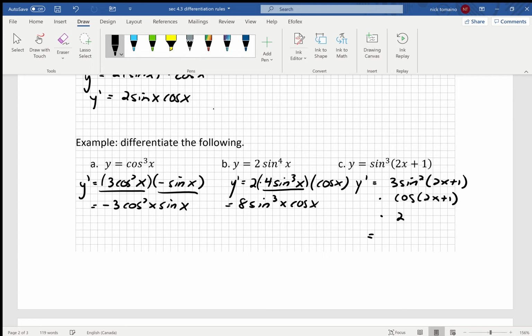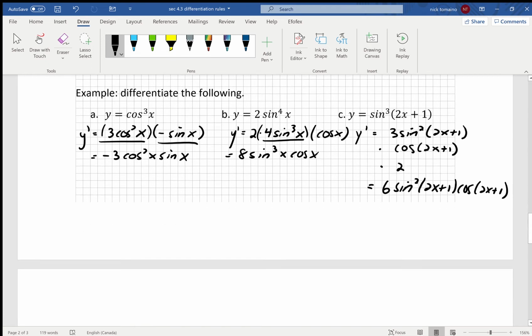So we're going to end up getting 6 sine squared 2x plus 1 times cos 2x plus 1. All right, so this is a 3-step. 1, 2, 3. I just didn't have space there, but the next page I'll have space and write them all in a line for you.